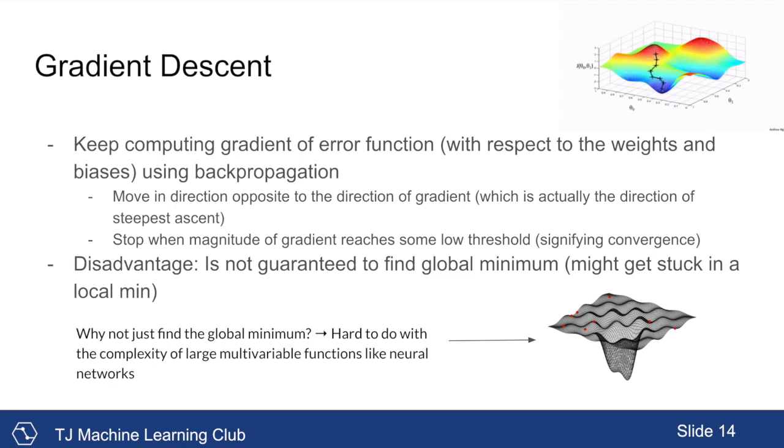And so the functions that you end up getting are impossible to visualize, but there's thousands or even millions of inputs to this one output value, which is our error, right? And for those types of complicated functions, there's really no easy, fast way to just find the global minimum. So iterative processes like gradient descent are necessary, and they're the best method that we have currently.